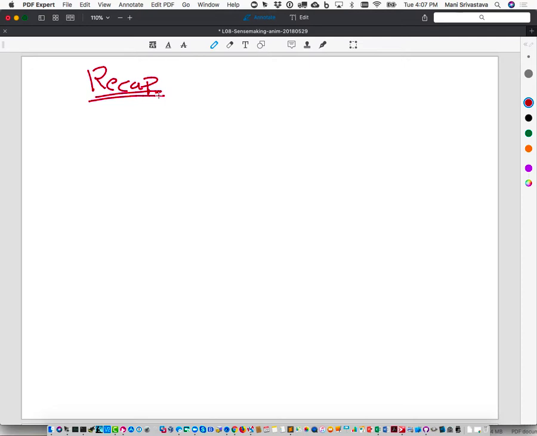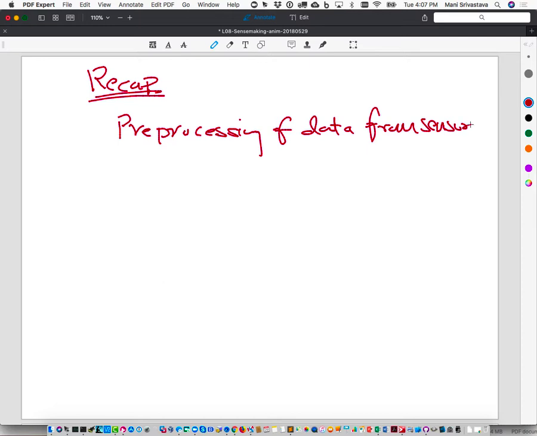So last time around, we looked at pre-processing of sensor data. And if you recall, we talked about problems such as missing data, noisy data, etc. And some of this cleaning up, like noise, you might want to do even on the hardware side.